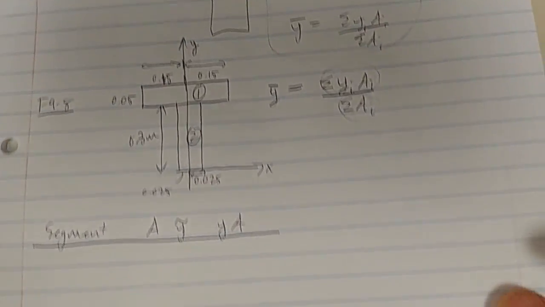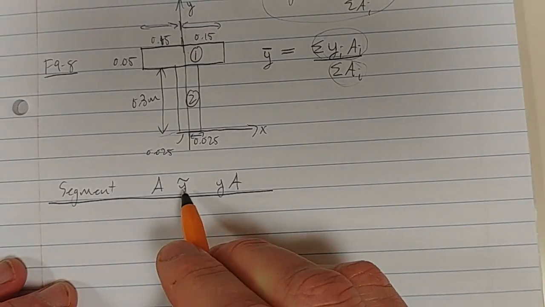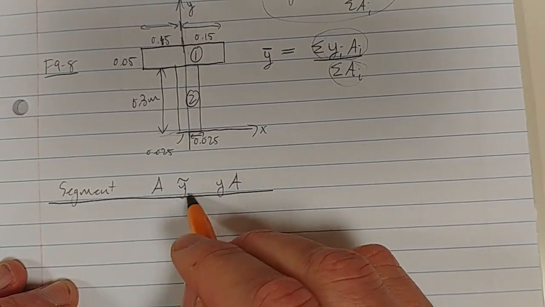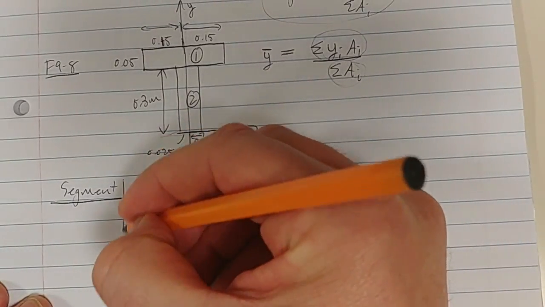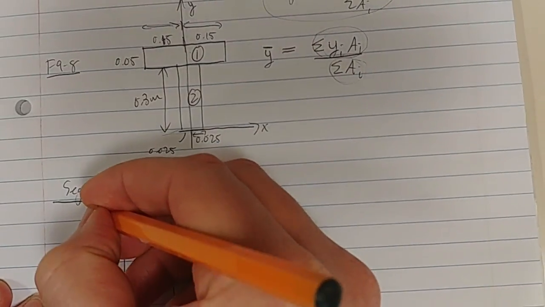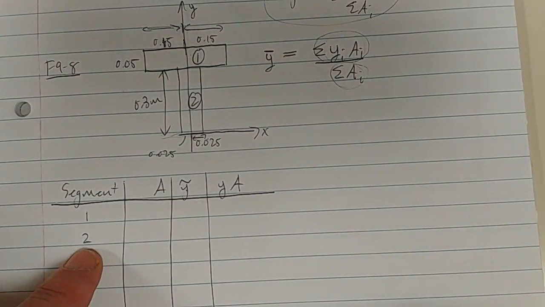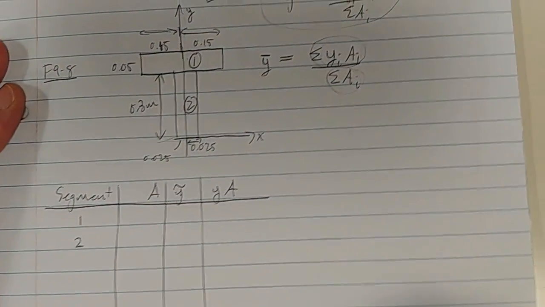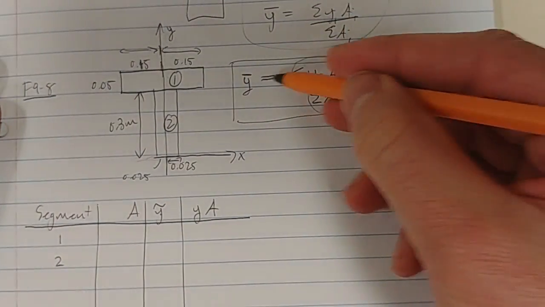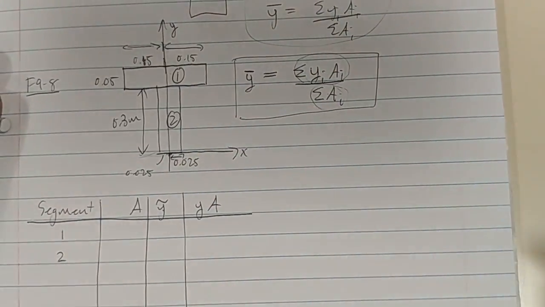Y tilde refers to the centroid of the element, or the segment, whatever you want to call it, okay? So we've got two segments, first segment, second segment, okay? We are basing everything upon this equation, which is simply a moment equation about this point here, okay?